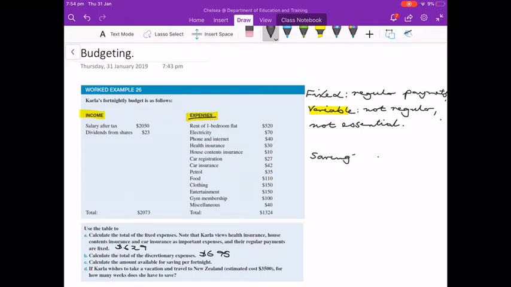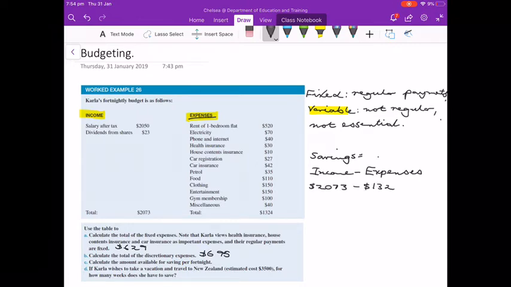So savings equals income, subtract expenses. Her income is $2,073, and we remove the expenses. So all up, her fortnightly savings are $749. So that's how much saving she could make per fortnight.